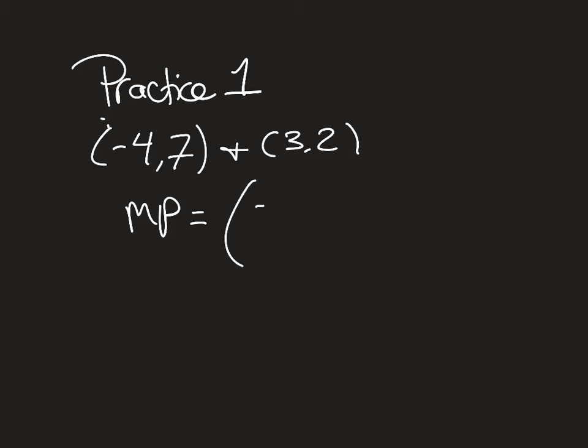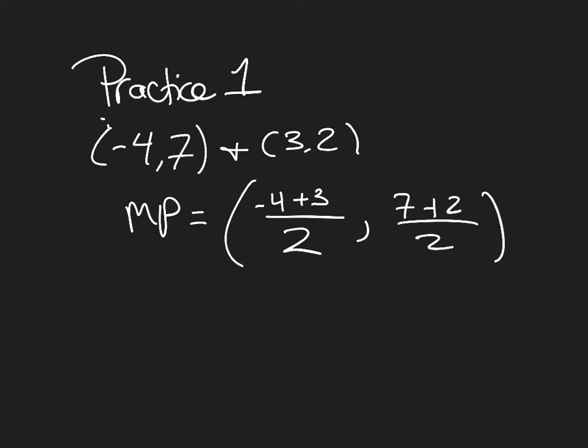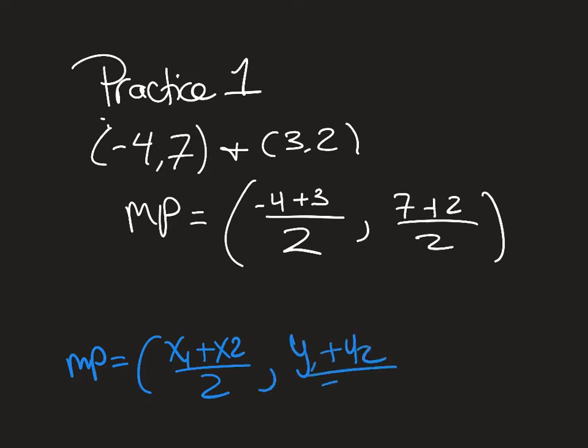So you're going to do the x plus the x over 2 because we added two things, and the y plus the y over 2. The proper formula is that the midpoint equals (x1 plus x2) over 2, comma, (y1 plus y2) over 2. And that's what I've done up here.